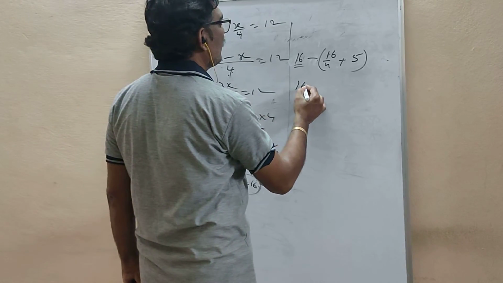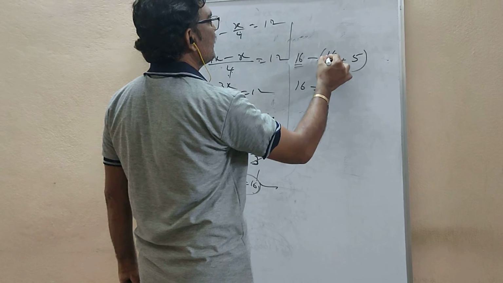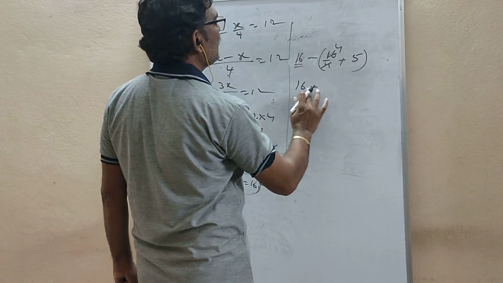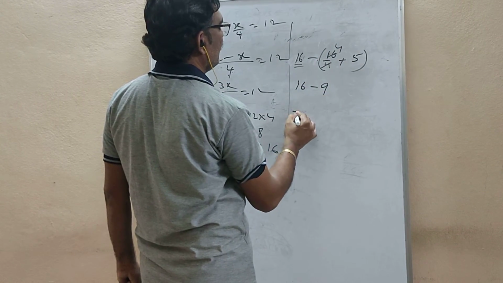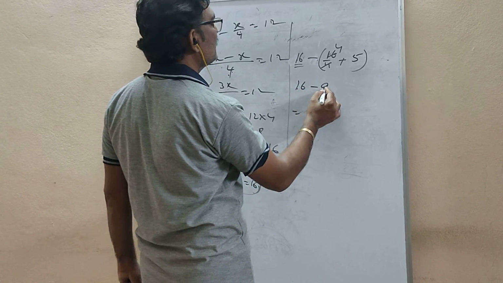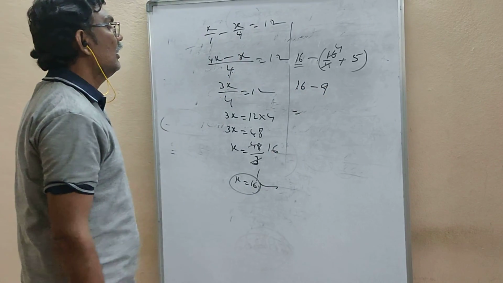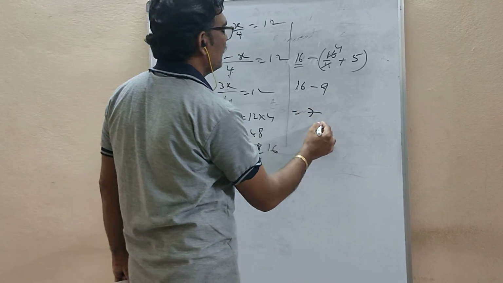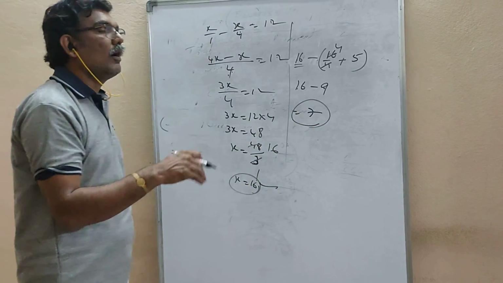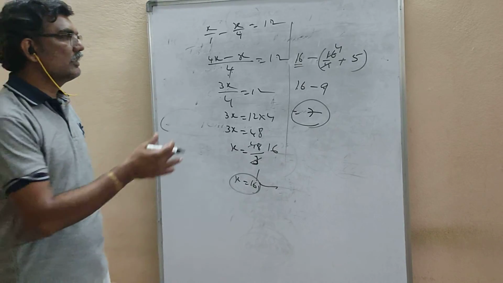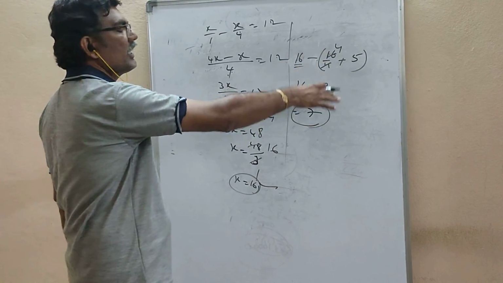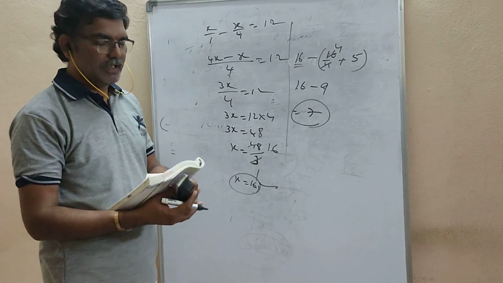So 16, okay. 1/4 of 16 means 4 here. 4 plus 5 is 9. From 16, if you subtract 9, how much will you get? 7. So 7 sweets are left, as given. So this is the answer. This is called checking. We can check our answer in mathematics.